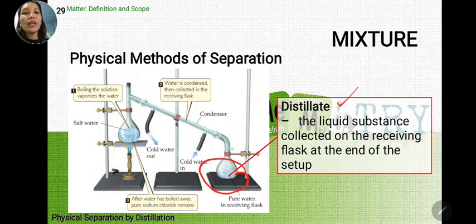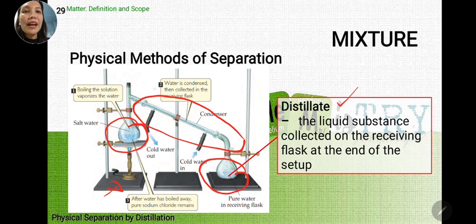So, mag-undergo yan ng process wherein pakukuluan yung mixture natin. Tapos, dadaan sila sa condenser na merong mga outlet. Since iba-iba yung boiling point nila, merong mas mauunang mag-boil, may mas mauunang mag-evaporate, kaya magkakahiwa-hiwalay sila. So, ang matitira lang sa iyo is yung pure water.